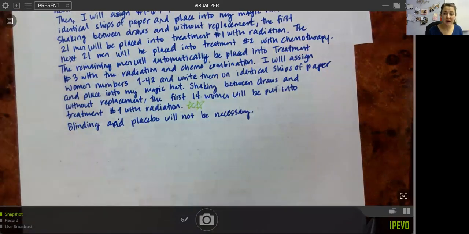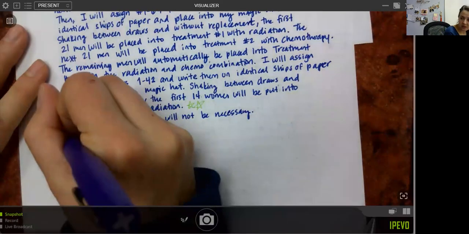Now, we do want to talk about some things that would maybe control and help our group. So what are some control factors? Maybe the diet that they have. We may want all of our cancer patients to have the same diet. Also, exercise might also affect cancer cell progression. So having them be on the same exercise routine could really help to eliminate any extra variables that could be affecting their cancer cell progression.